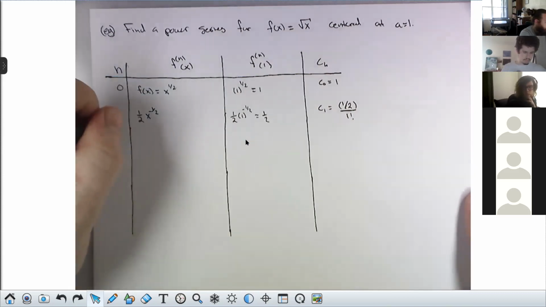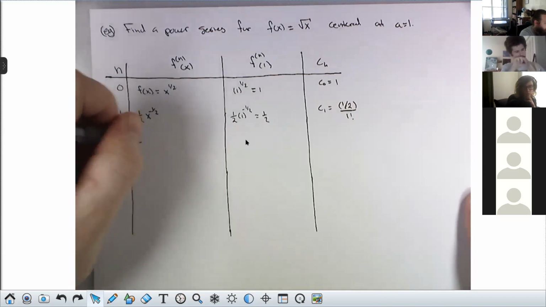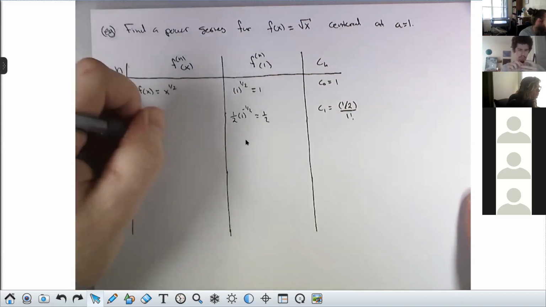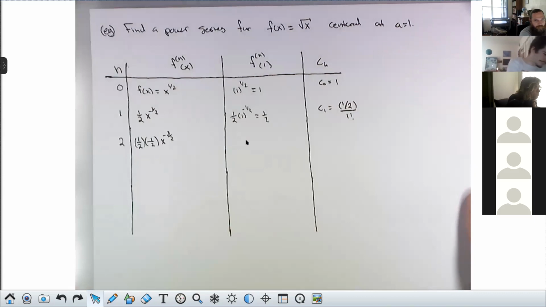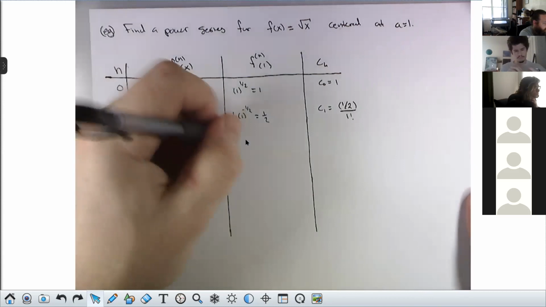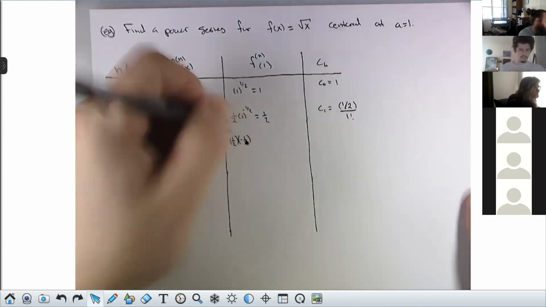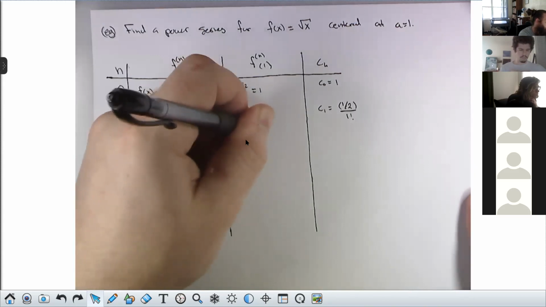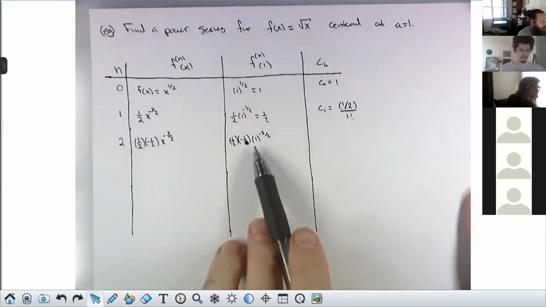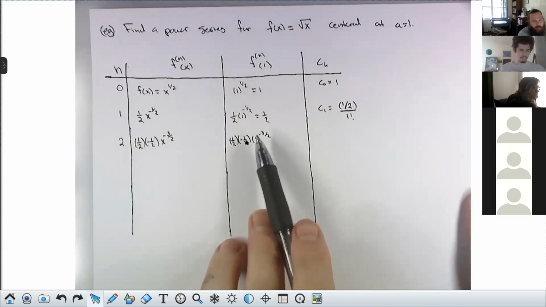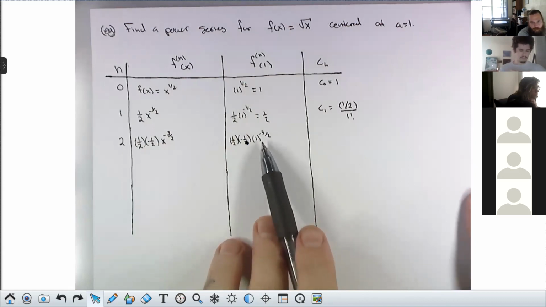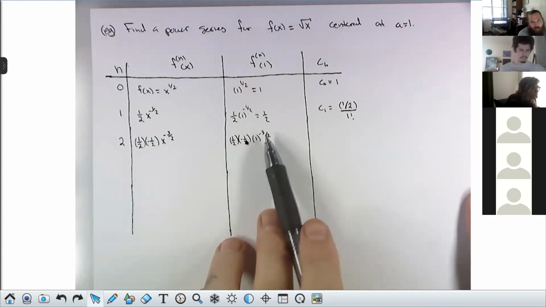If I differentiate twice, then I'll have 1/2 times negative 1/2 times x to the negative 3/2. And if we plug in 1 for x there, that becomes 1/2 times negative 1/2 times 1 to the negative 3/2. Now 1 to the negative 3/2 is still 1. That's 1 over the square root of 1 cubed, but 1 raised to any power is always going to be 1.